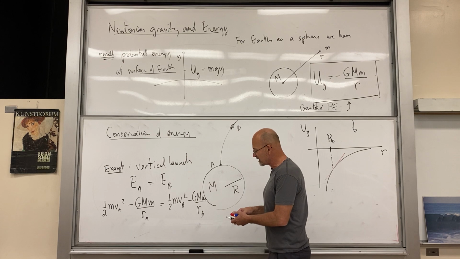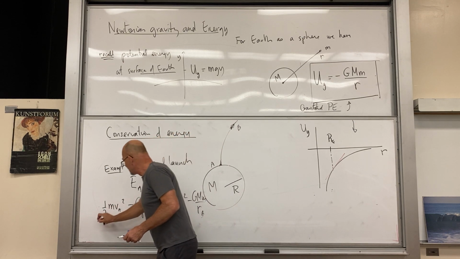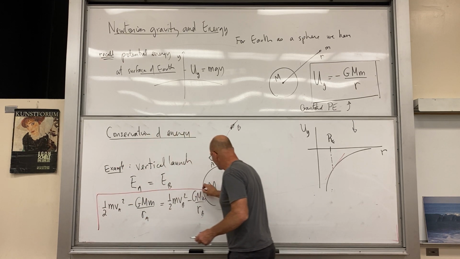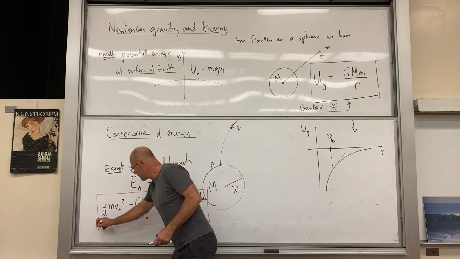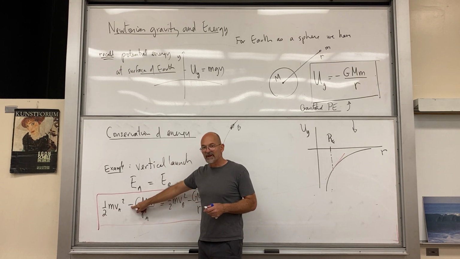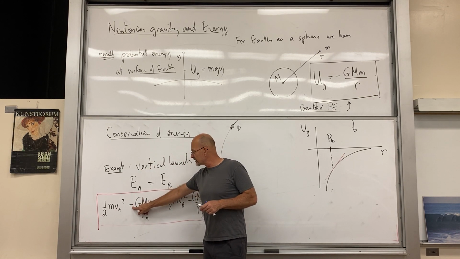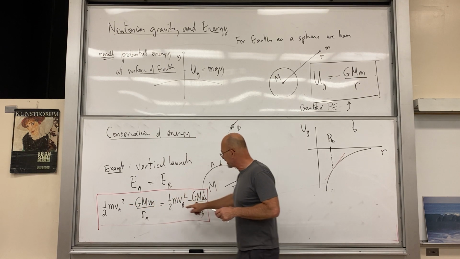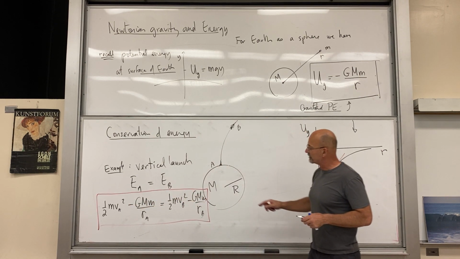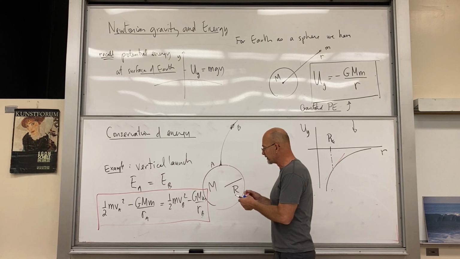You'll notice I've just done our recipe for kinetic plus potential. However, that potential has an intrinsic minus sign in front of it. If you lose the minus sign, you'll make a mistake. So that's kinetic plus potential equals kinetic plus potential.